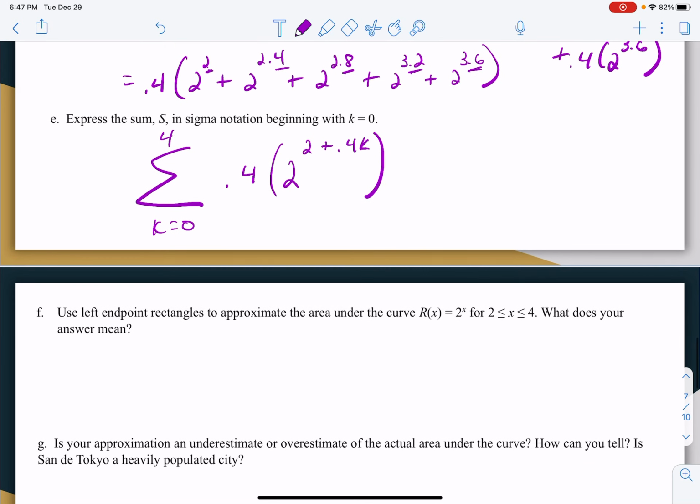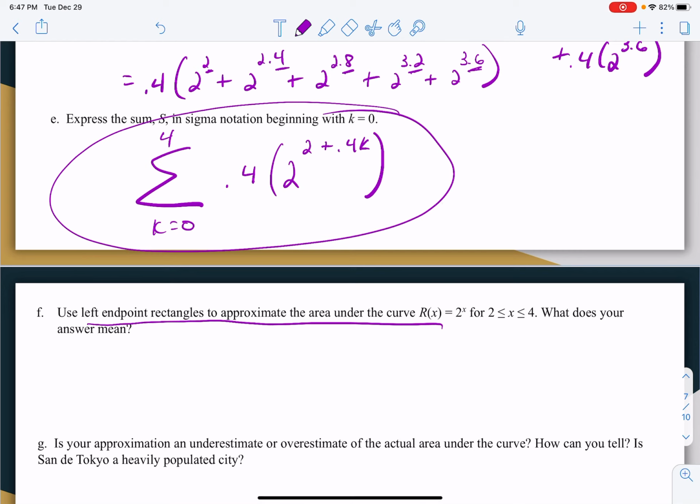So if I want to use left endpoint rectangles to approximate this area, I can use that sigma notation, plugging that into Desmos or plugging that into my calculator using the math 0 function. I get approximately 15.023.